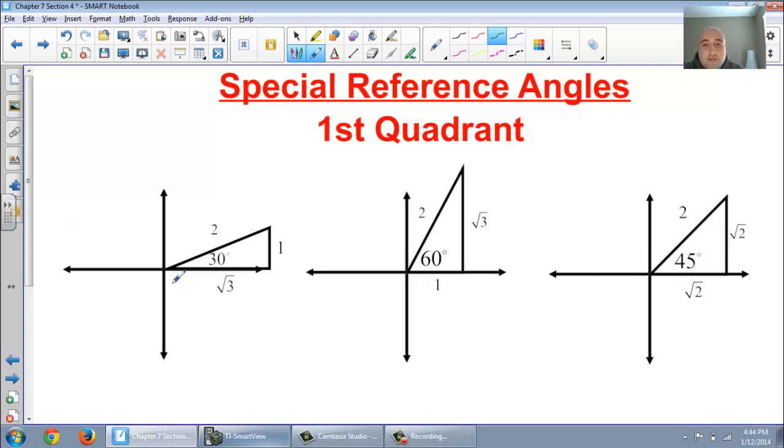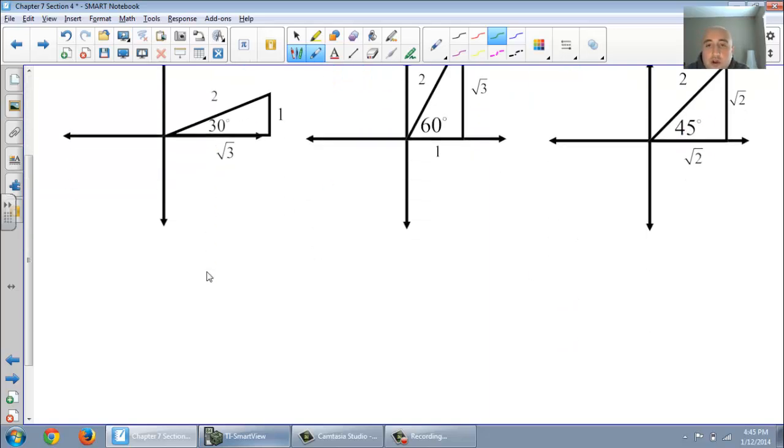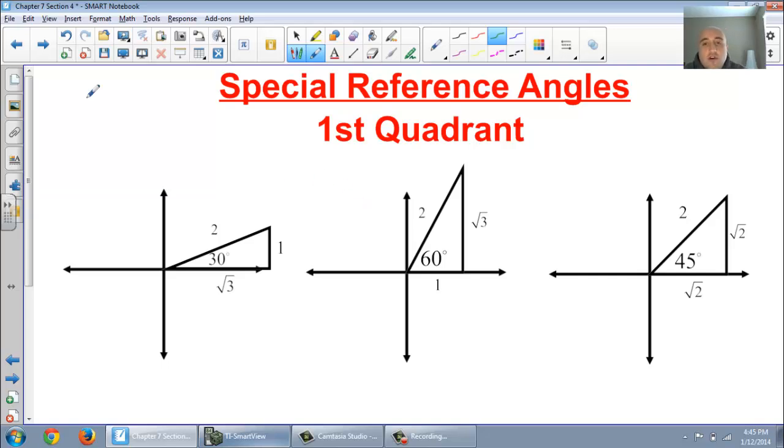And these are the measures of the triangles for all 30, 60, 45 triangles. We'll do more of these later. For right now, they're on your note sheet, and we'll come back to them. Notice that these are all in the first quadrant. Our angles are not always going to be in the first quadrant, but the triangles are. And I'll show you how to maneuver these when we do some examples.